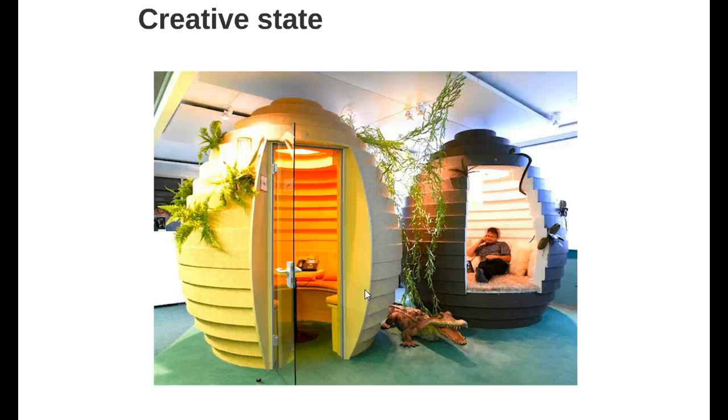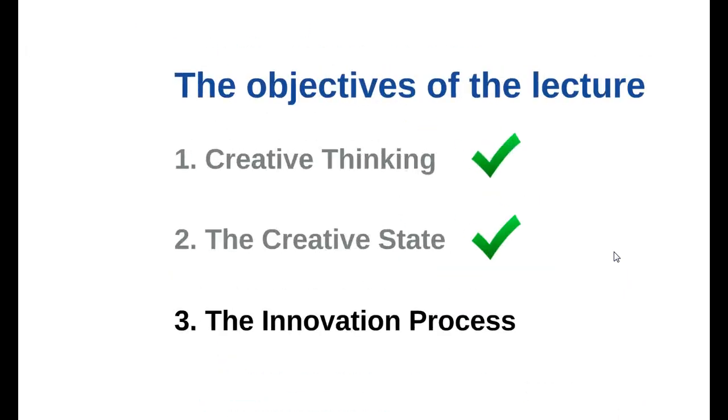And you will also get the method for office usage, how to get into a creative state so you can be creative. This is a picture from Google's office. They have built rooms in rooms to get their employees some spaces for where to be creative. Here is the creative state.